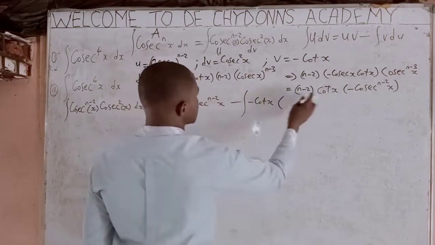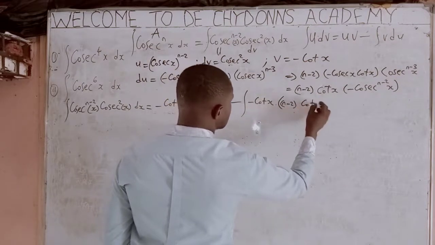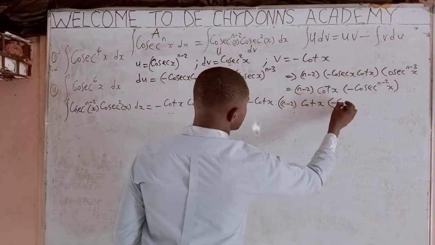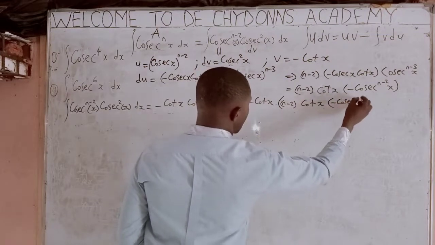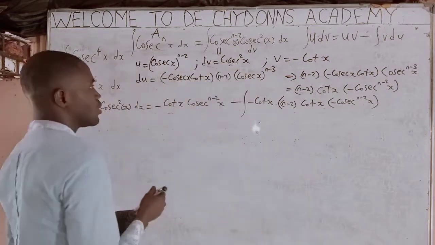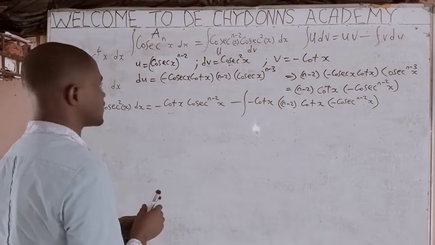Bracket n minus 2 cot x bracket, minus cosec to the power n minus 2 of x. Okay, so that is what we'll be getting.